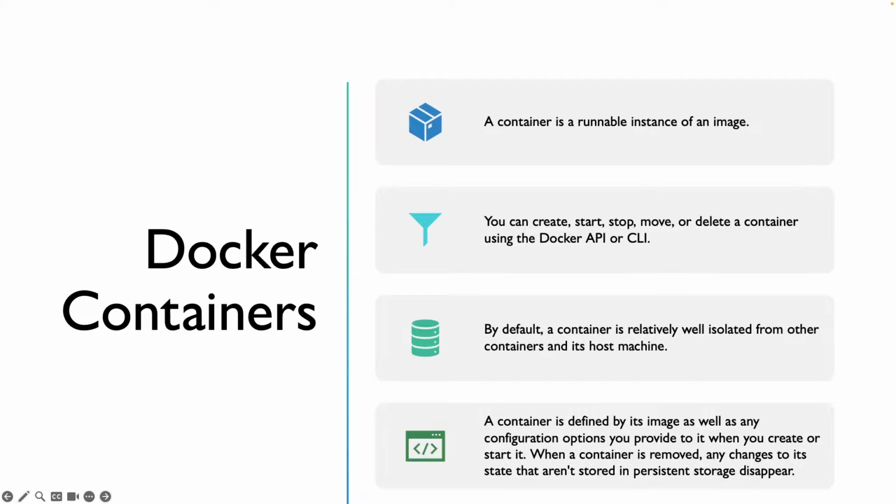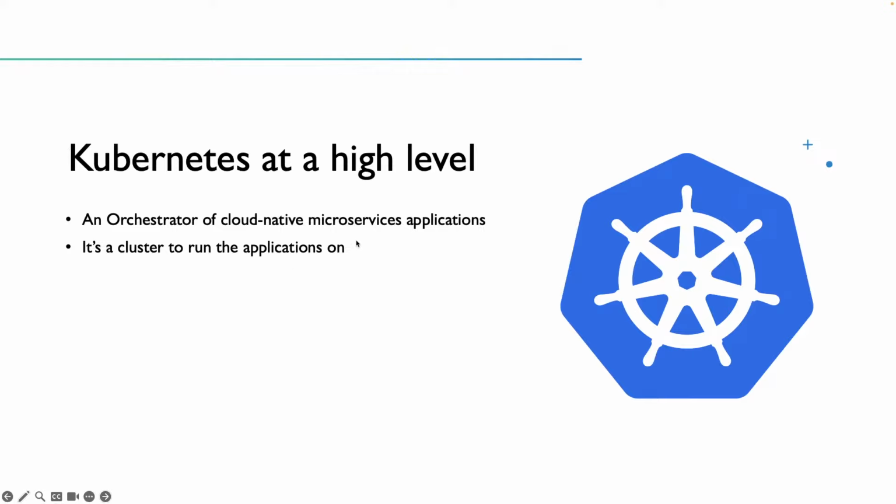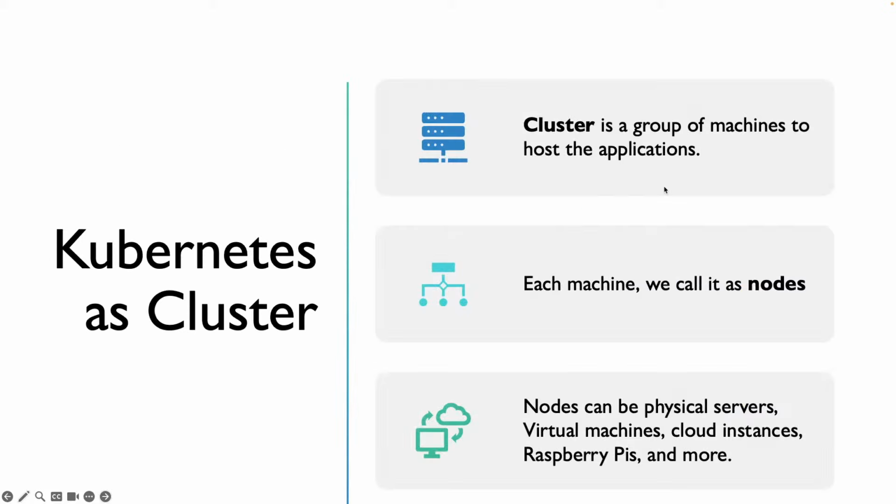As I mentioned, Kubernetes is basically an orchestrator of cloud native microservices applications. It's basically a cluster to run my applications on. When I say cluster, a cluster is a collection of instances, a group of machines to host my application.